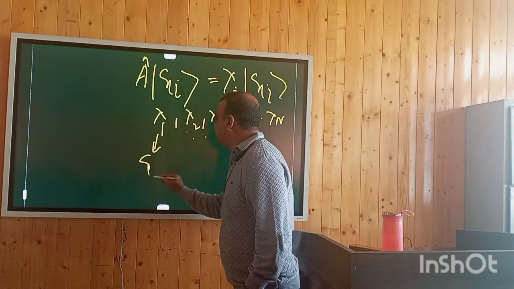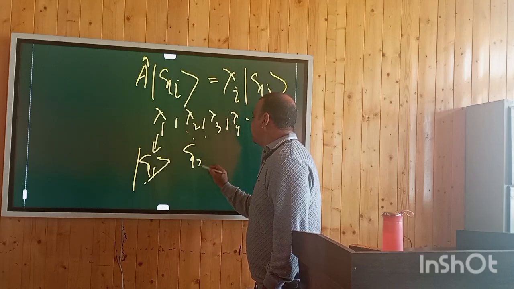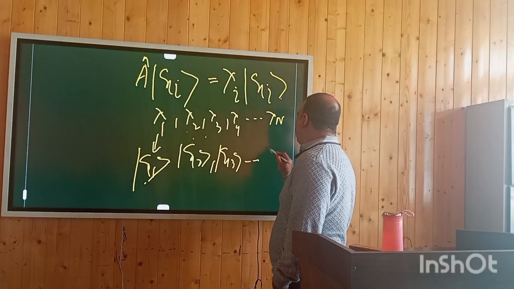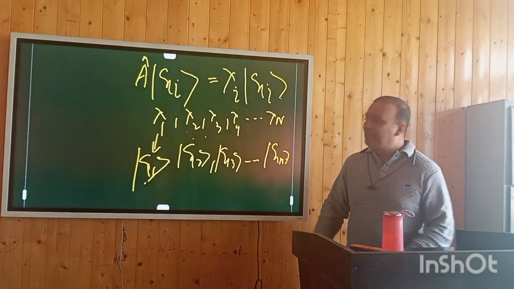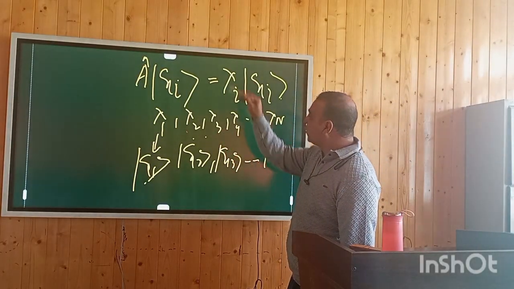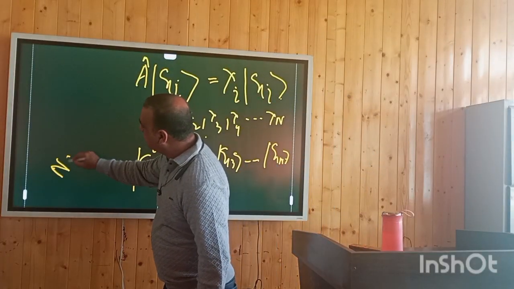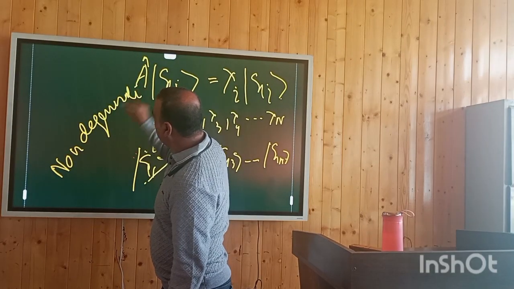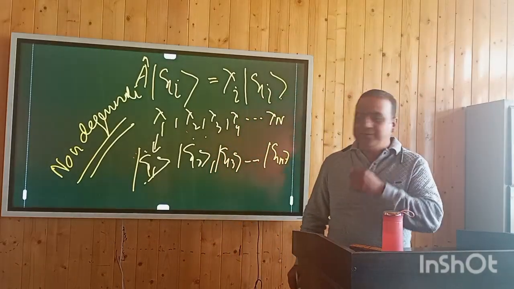So you will have zeta 1, you will have zeta 2, you will have zeta 3, and so on, you will have zeta n. Now this kind of combination, when you obtain it by resolving this equation, we call this non-degenerate.